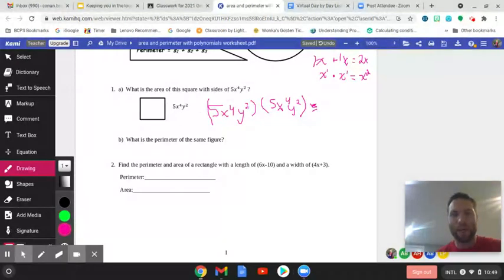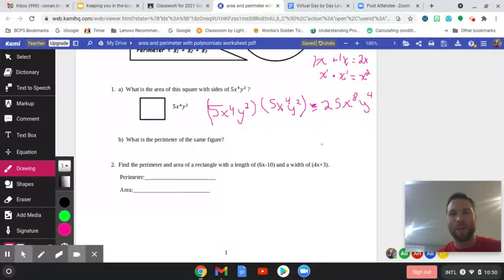All right, and then so how do you do it? We'll just multiply it out. 5 times 5 is 25. And then like we said up here, you got to know when you multiply variables, you got to add the exponents. So you have x to the fourth times x to the fourth. So that means 4 plus 4 is 8. Okay, and then y squared times y squared, that's going to be 2 plus 2 is 4, so y to the fourth.